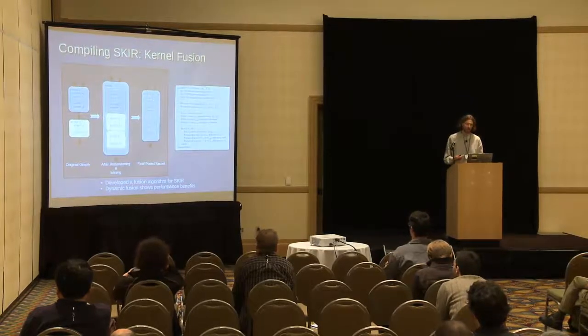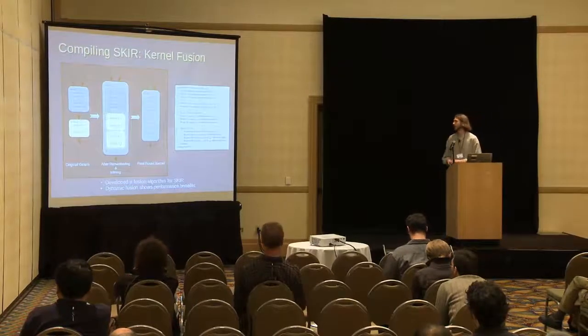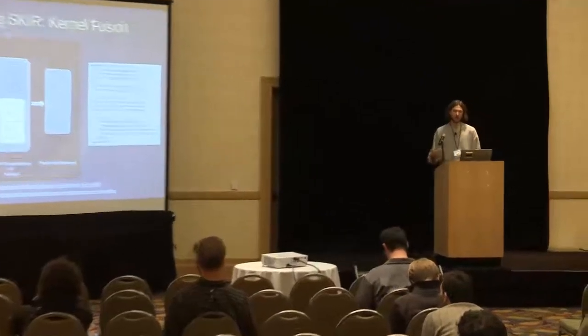So moving to a higher level, another way to remove overhead in that stream graph is to perform kernel fusion. So actually reducing the parallelism in the graph, because typically we might have a program that's over decomposed into tens or hundreds of little kernels, and we might have 4, 8, 12 cores or something like that.